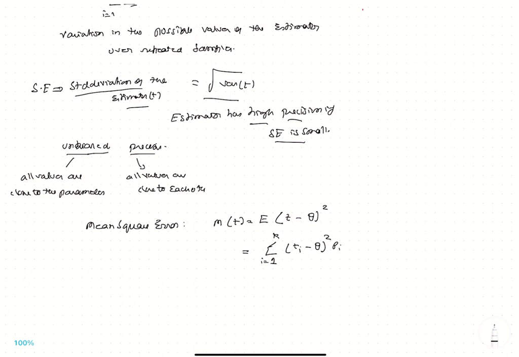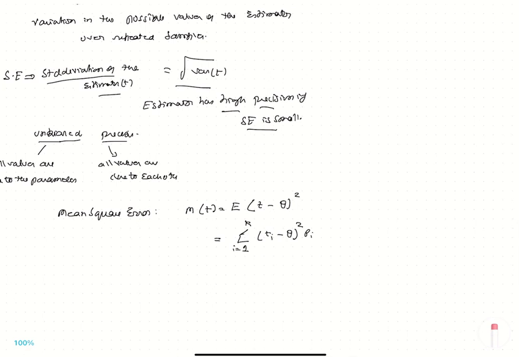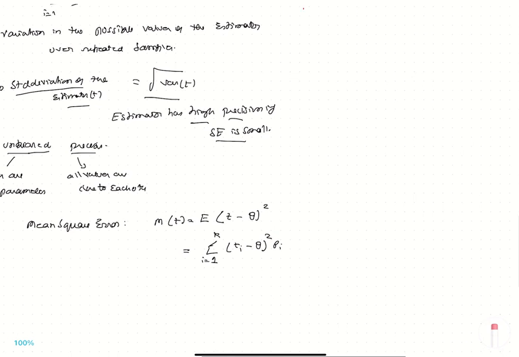So MSE is the squared deviation of t from the parameter to be estimated, while variance considers the squared deviation of t from its expectation. So that's the difference, right?